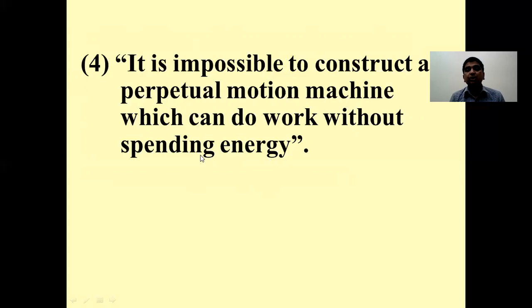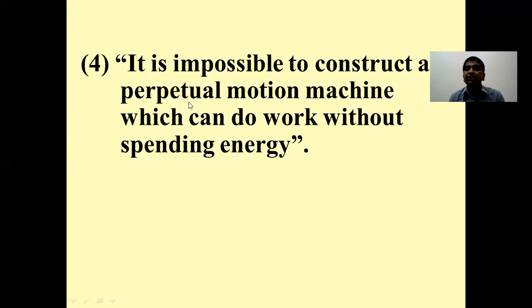It means, in order to do some work, we need dissipation of some kind of energy. We need use of some kind of energy. So the first law of thermodynamics can also be stated as: it is impossible to construct a self-perpetual machine which can do work without spending energy.